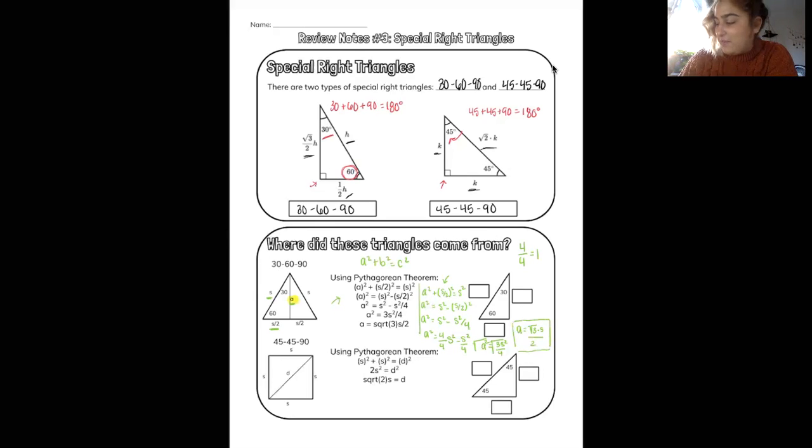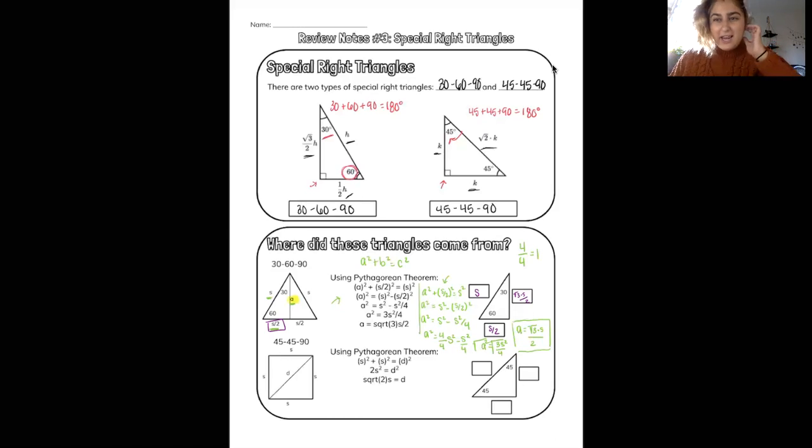So if our hypotenuse is s, and our short side, right, is s divided by 2, then our long side is root 3 times s over 2. I'll write that a little better so we can see that a little better. So over 2.